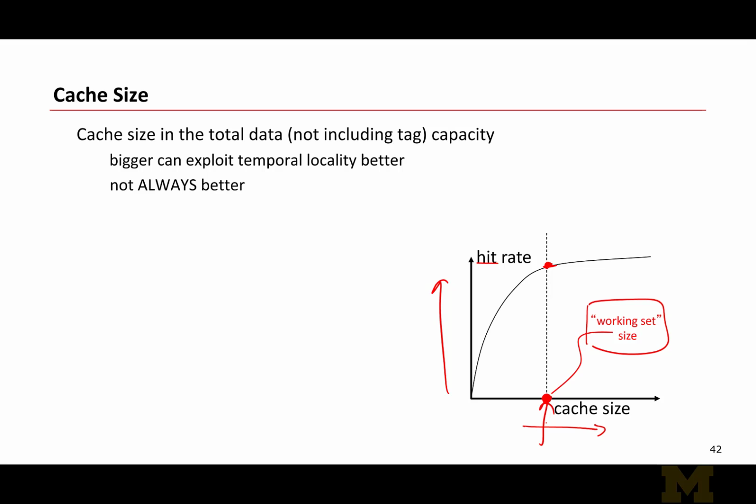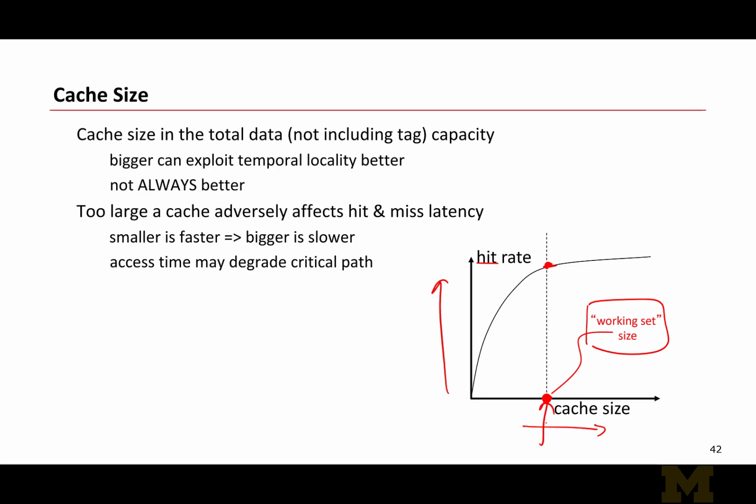Now, one downside of having larger caches is I would be investing transistors into that structure, so there is an opportunity cost there. I can take those transistors and use them for some other structures like a branch predictor, like I was saying. The other issue with larger caches is that it can increase the latency, because if your cache is larger, then you need larger decoders, you need longer wires to get to the data, etc. So the access time of a larger cache is going to be higher than a smaller cache.